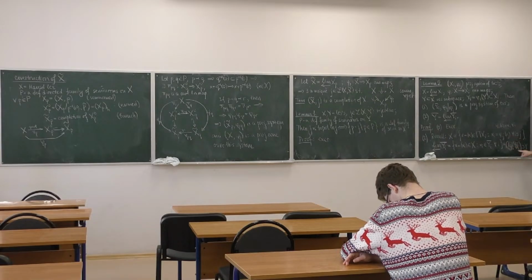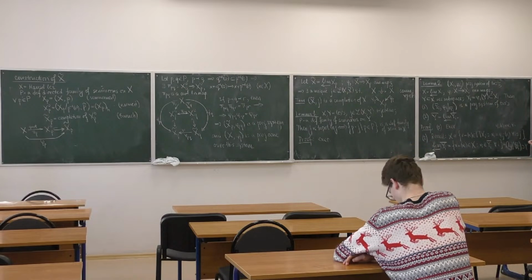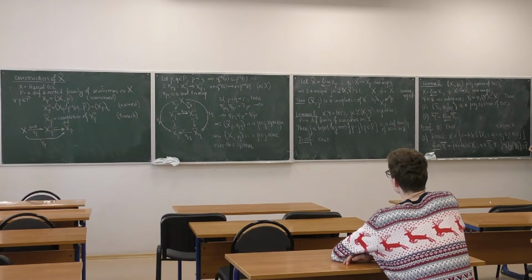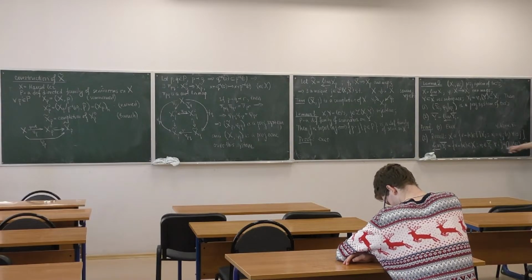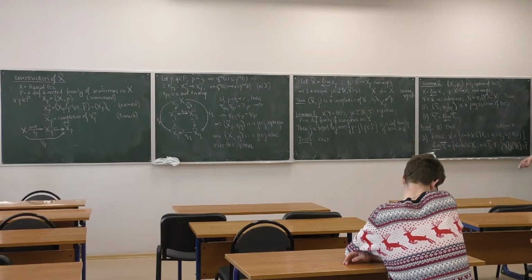But since this is closed, well, the intersection of closed sets is closed, it automatically contains the closure of Y. So we have this inclusion: the closure of Y is contained in this projective limit. And now we have to show the opposite inclusion.